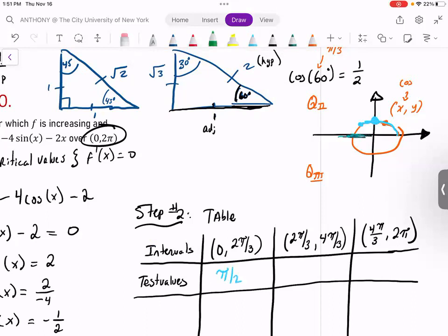Now, let's say from 2 pi over 3 to 4 pi over 3 is this piece. I could definitely use this angle, which is pi. And then from 4 pi over 3 to 2 pi, if you think about the remaining part of your circle, I could use something like 3 pi over 2.